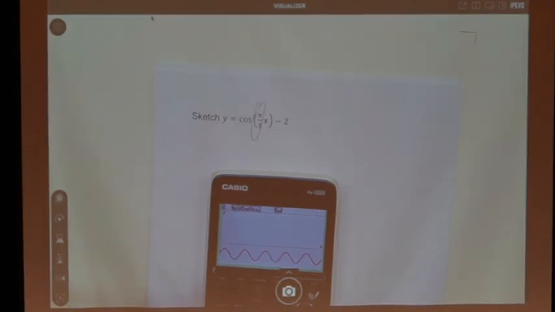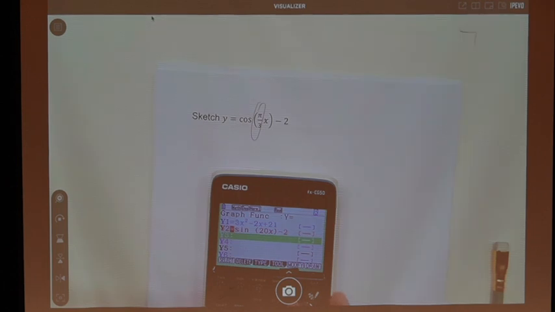Can you sketch this one for me, please? By the way, the pi is hidden on the Shift 10 power x key, just in case.